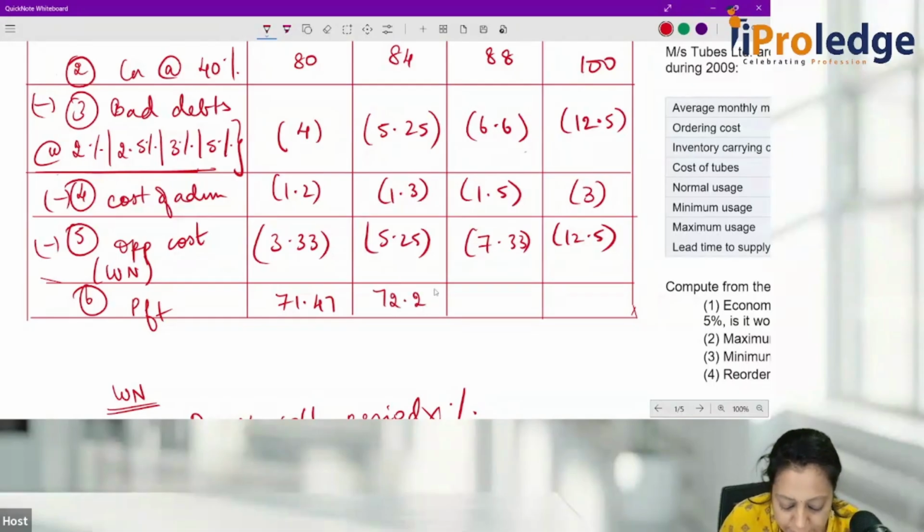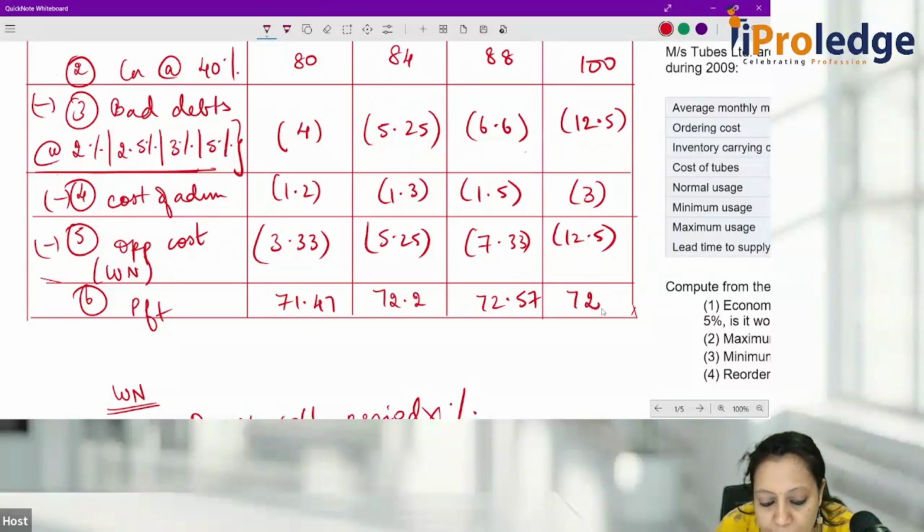Then here we will have 88 minus 6.6 minus 1.5 minus 7.33. We will get 72.57. Then here we'll have 100 minus 12.5 minus 3 minus 12.5. We'll get 72.